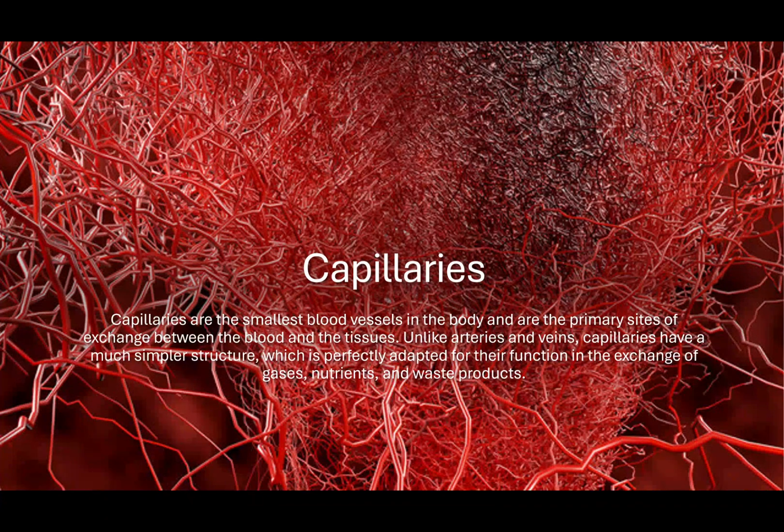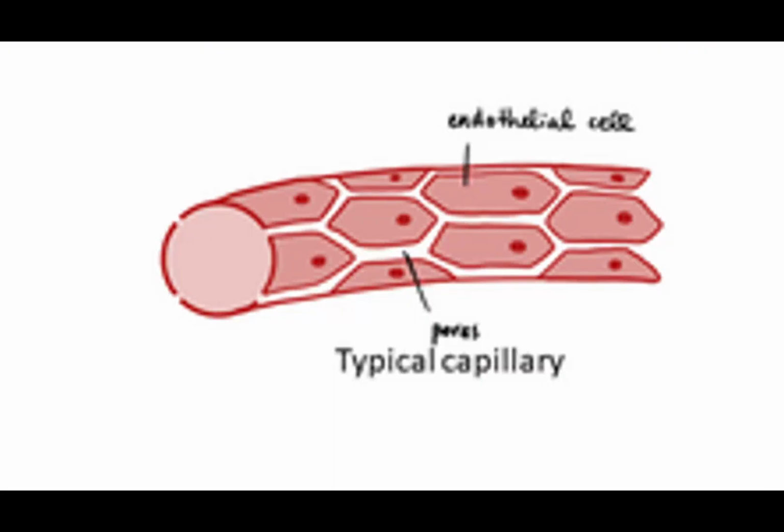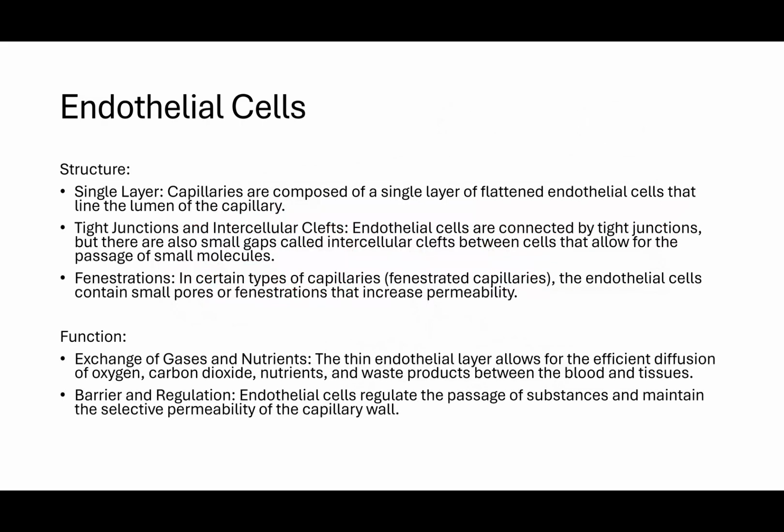Alright? So a typical structure of a capillary: a typical capillary just has some endothelial cells, usually one cell thick, a single layer of flattened endothelial cells that line the lumen of the capillary. They have tight junctions and intercellular clefts.